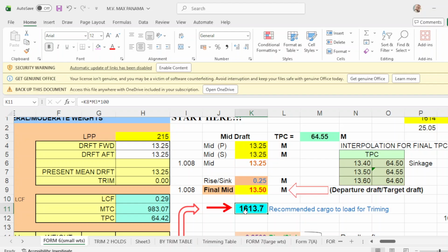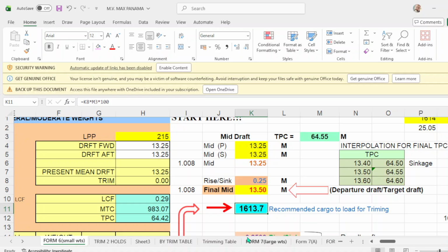Sinkage is K8, letter K, row 8. So this is the sinkage times TPC, M3, which is the TPC, column M row 3, times 100. Then you have this figure.